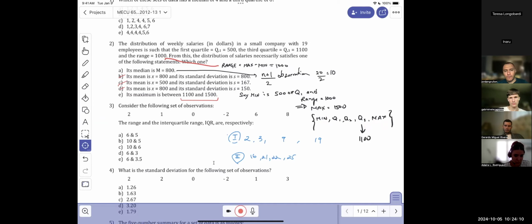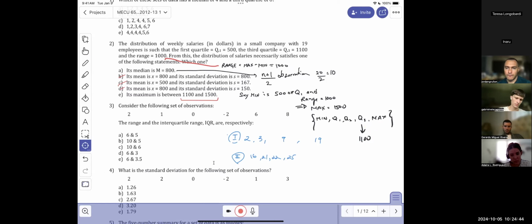So this is the piece of information that I have to give you. And there are some more problems like that where Q3 can be the same as the max. So the lowest the max can be is 1,100, but the most it can be comes from taking the minimum, Q1, and adding the 1,000 to it.